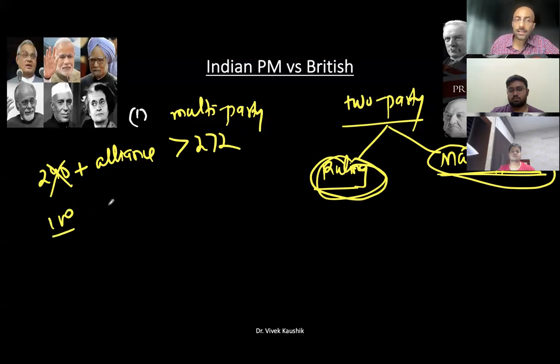So with only 100 seats, Congress would find it very difficult to bring an alliance together and cross 272. तो इंडिया की जो मेन ओपोजिशन पार्टी है वो अपने आप को इस तरह से दिखा नहीं पाती लोगों को कि देखो अगर आपको इस सरकार से खुश नहीं हो तो लेट्स वोट देम आउट एंड यू कैन गिव मी द पावर, आई कैन फॉर्म द गवर्नमेंट। तो इस तरह से खुद को प्रोजेक्ट नहीं कर पाते। पर ये चीज कहां पॉसिबल हो पाती है? ब्रिटेन में। And that is why the British Prime Minister would always be on his toes because he knows that if I can't deliver, then they have a party waiting for me to fall and they are ready to form the government.